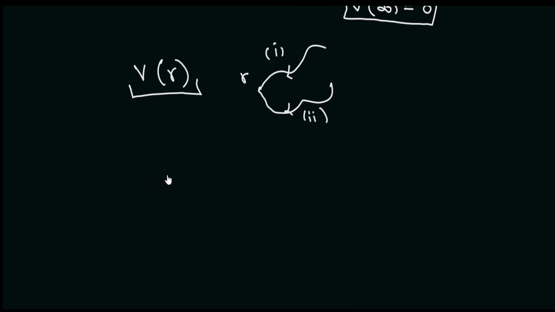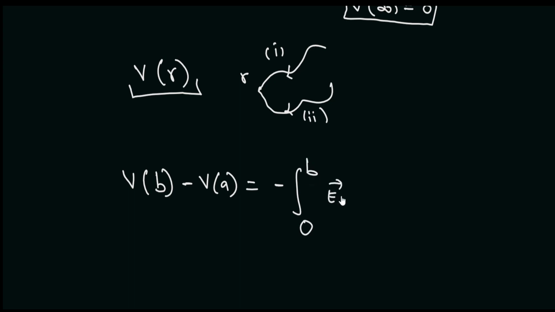Now, let's say that we want to calculate the potential difference between 2 points A and B. So VB minus VA will be equal to, we know we can write VB as minus the integral from some reference point O to B of E dot dl, and minus of minus will just be plus.